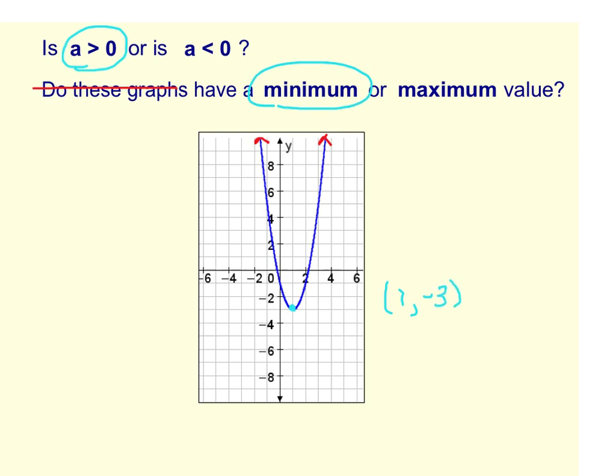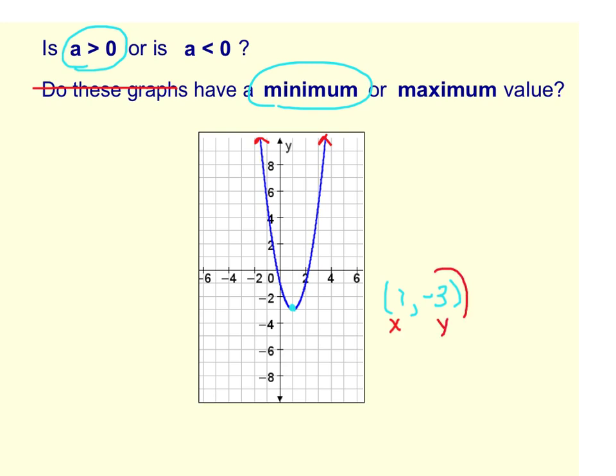And the maximum or minimum values, it doesn't have to do with how far to the right or how far to the left we go. So the 1, even though that x value is part of our vertex, it doesn't help us out with maximum or minimum, because the idea of maximum or minimum is how high is the graph or how low is the graph. And anytime we're talking up or down directions in a graph, that is the y value.